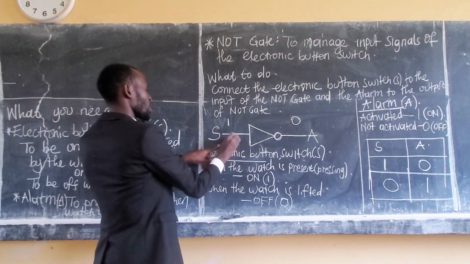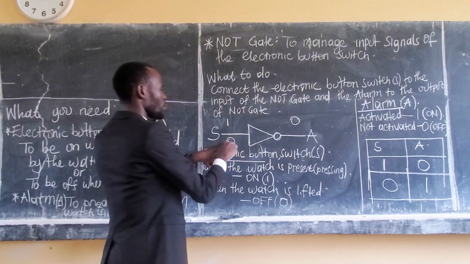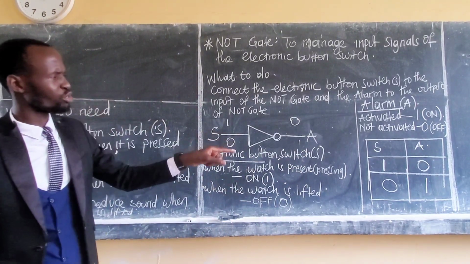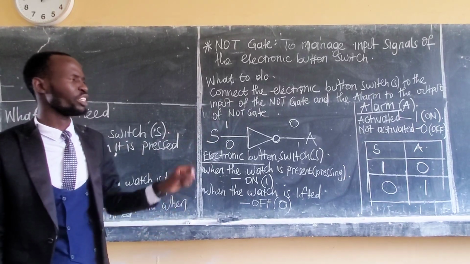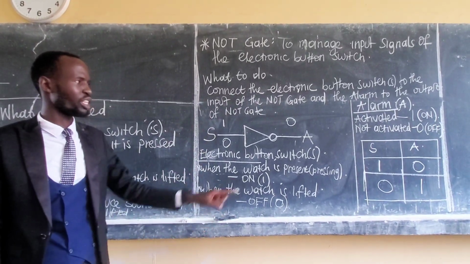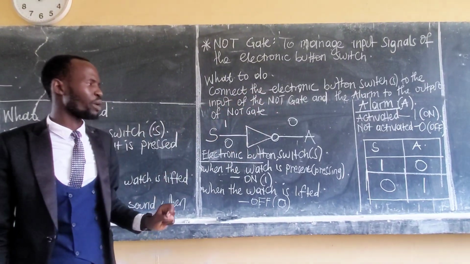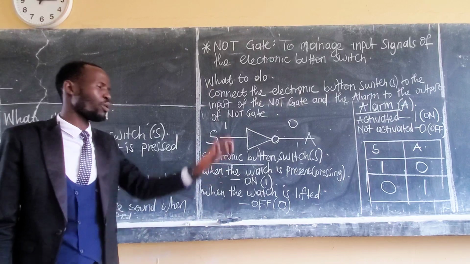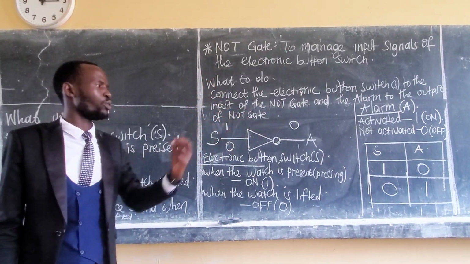When I have the input as 0, the output will be a 1. That's a NOT gate. So whenever the switch is on, the watch is on the switch, and the alarm will be off. But whenever the switch is off by lifting the watch, the alarm will be on.